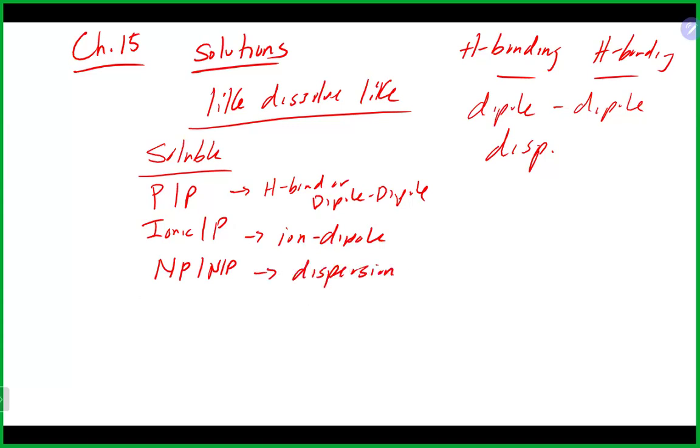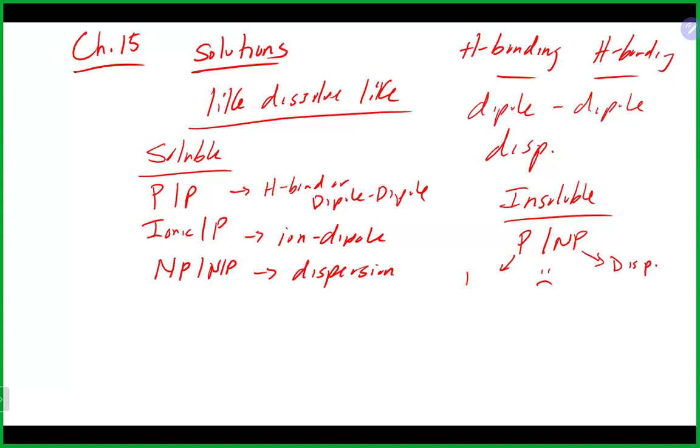So we only really run into problems with solubility when we cross over. When we take a polar thing and a nonpolar thing, we're going to get not a really good mixture there. The nonpolar is going to try to use dispersion forces, which is its only source.